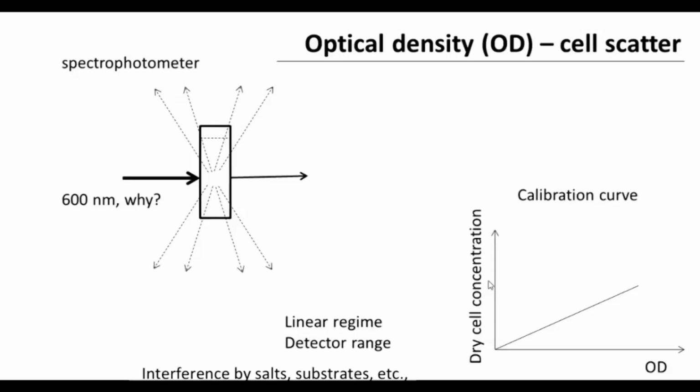So the mass that is measured would contain dry cells plus the salts plus unutilized substrate plus the other things. So we need to have an appropriate control by which we can account for the mass of salts and substrates and so on, so that we take that into account while measuring OD. This is a finer point. I just thought I'll mention this here during the measurement.